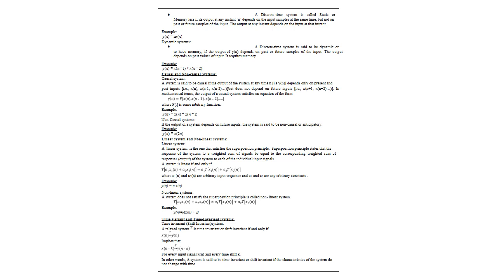So the system is linear if and only if T of a1 x1 of n plus a2 x2 of n is equal to a1 T of x1 of n plus a2 T of x2 of n. Here x1 of n and x2 of n are arbitrary input sequences, and a1 and a2 are any arbitrary constants. An example is y of n is equal to n x of n.